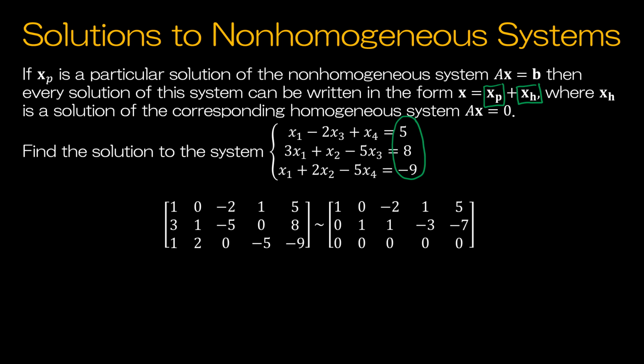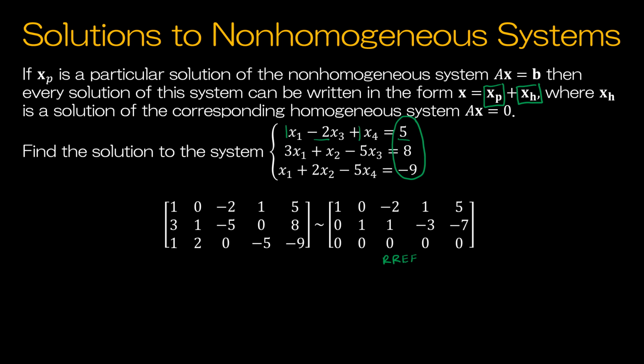Here's the system: 1x1, negative 2x3, 1x4 is equal to 5. And notice I've just translated each of those into a row in matrix A. And then I did the work to turn this into reduced row echelon form, which is what we did before when we were finding the null space or the basis of the null space and so forth.